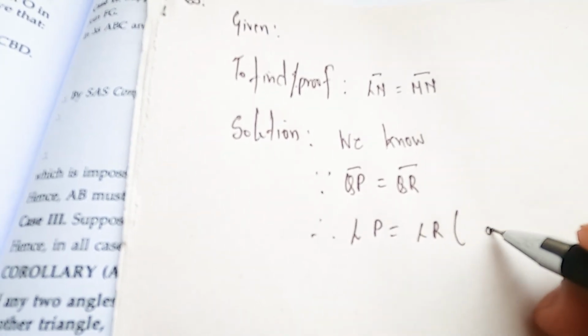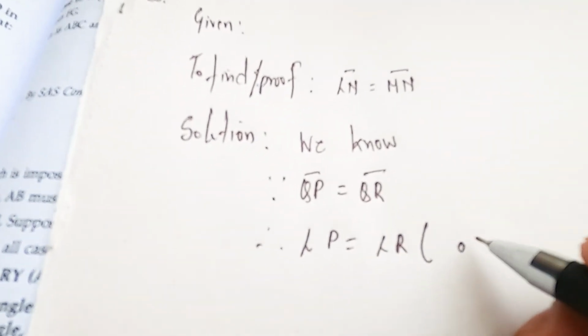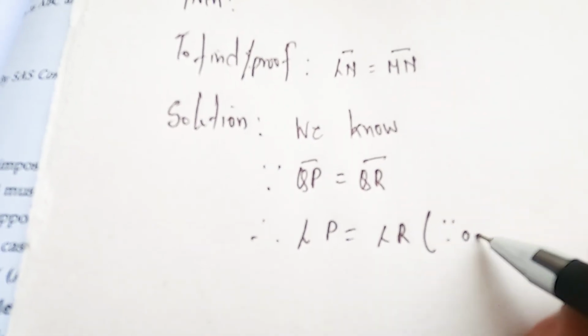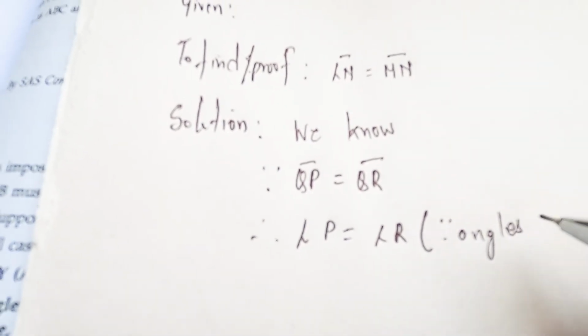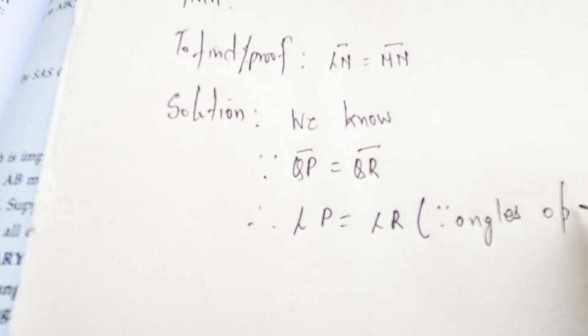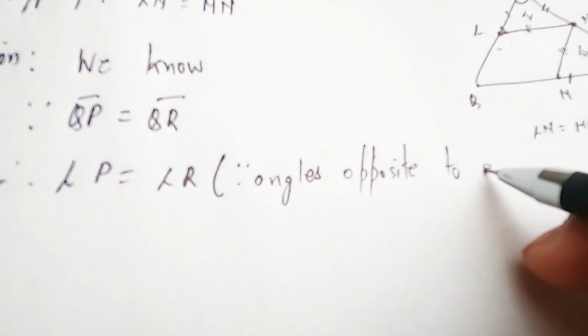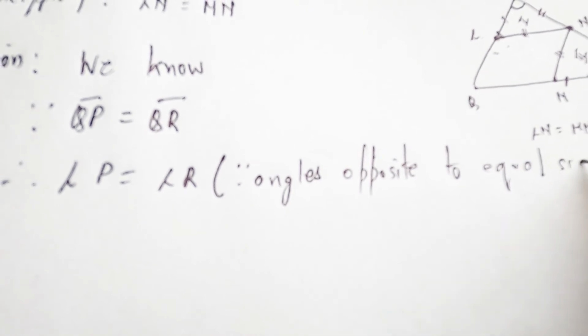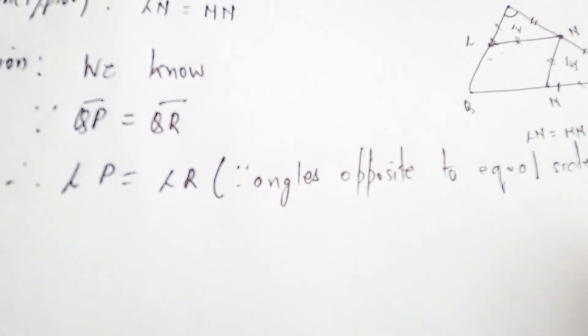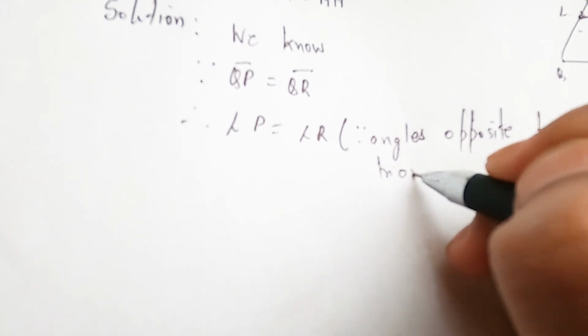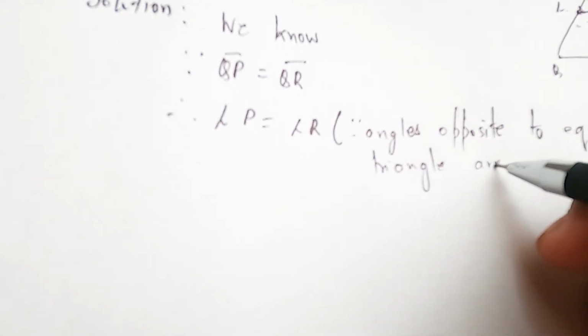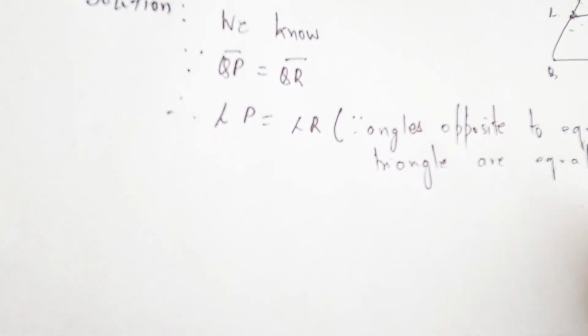The reason you can write: since angles opposite to equal sides of a triangle are equal.